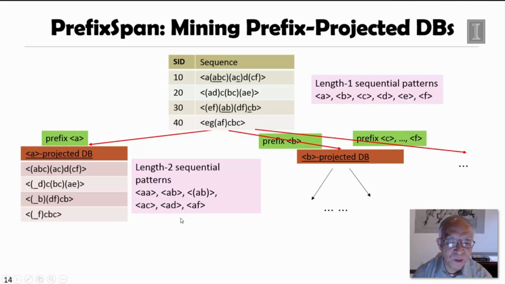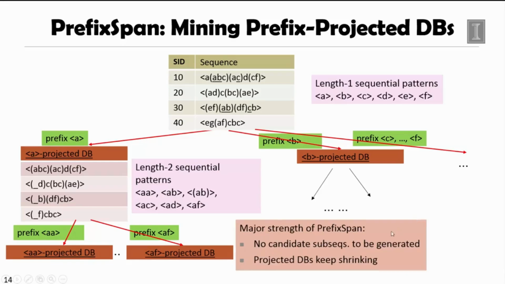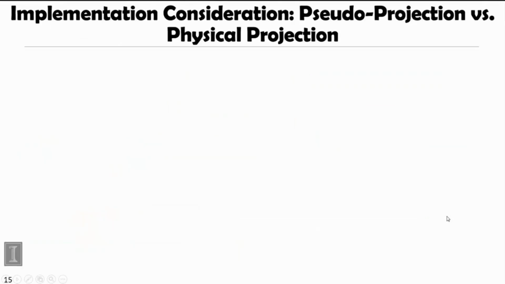And then we can do length 2 sequential pattern based projection, find AA projected database, AF projected database. Then we can keep this going. The major strength or advantage is there's no candidate subsequence to be generated, and the projected database keeps shrinking.